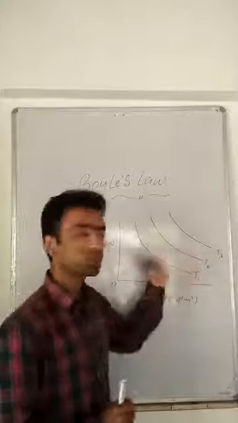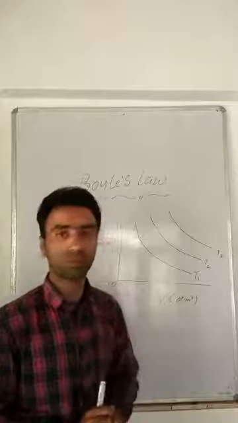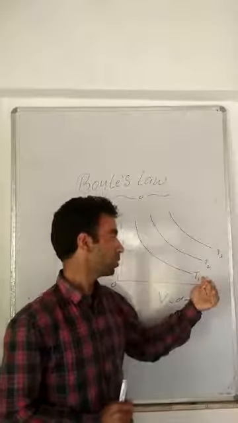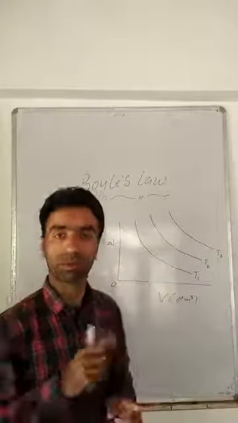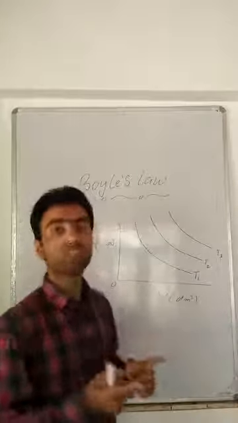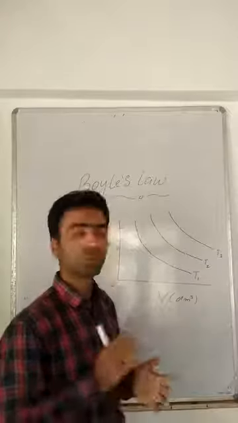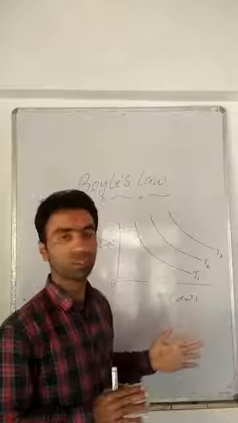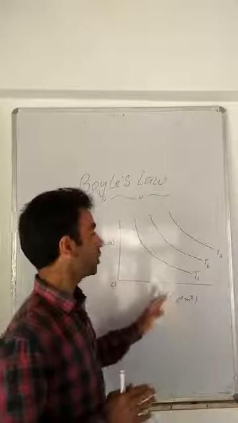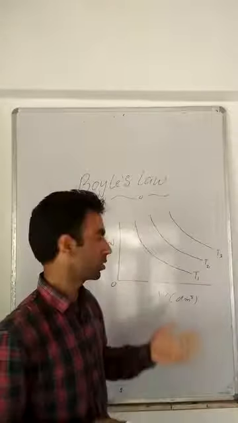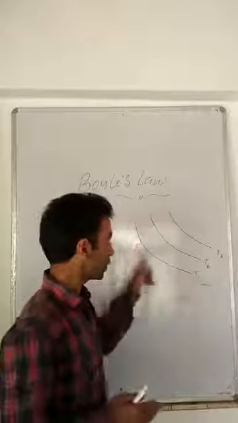Now the third variable that comes into the frame is temperature. Earlier the two variables concerned with Boyle's law were pressure and volume, and we kept temperature and number of moles constant. Now we keep the number of moles constant and study Boyle's law at different temperatures. At temperature T1 we will get a curve of this type.